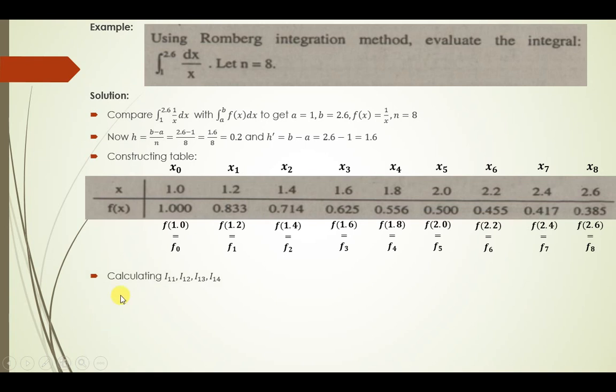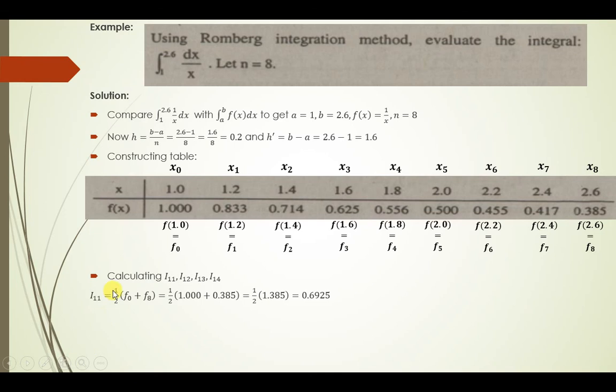Now the first thing is we need to calculate these sums I11, I12, I13, I14 as discussed in the steps taken in the Romberg's integration. I11 will be calculated by this formula. That is the average of the first value of the function f0 plus the last value of the function f8.